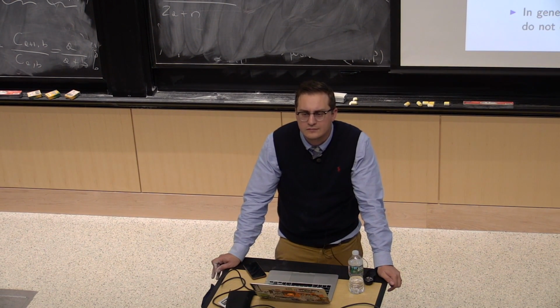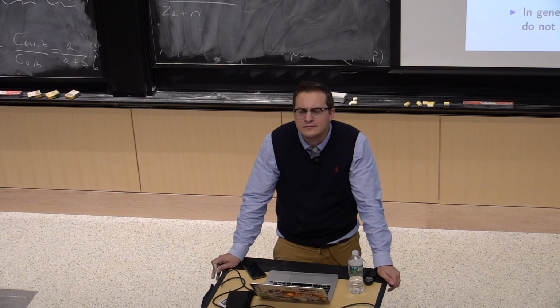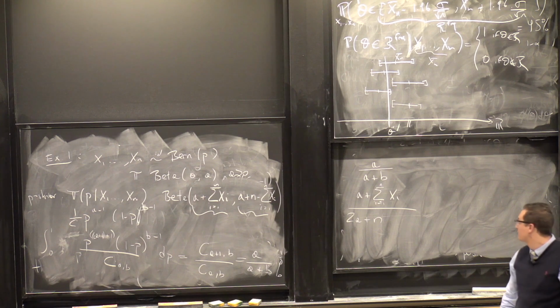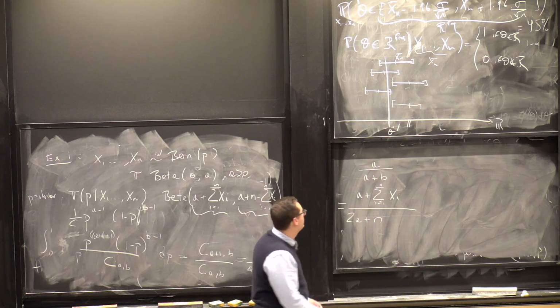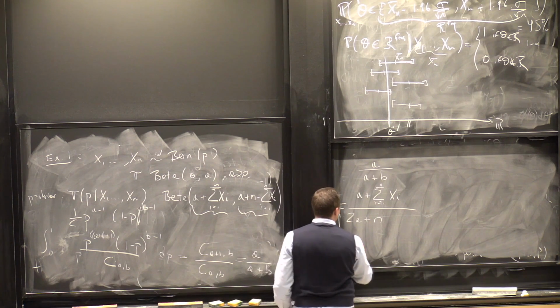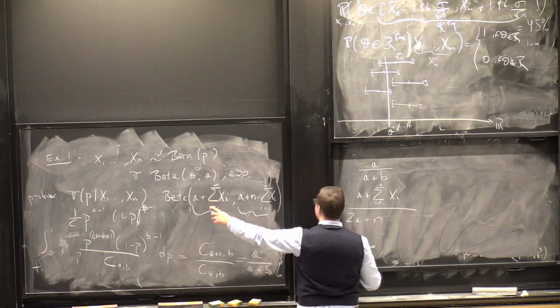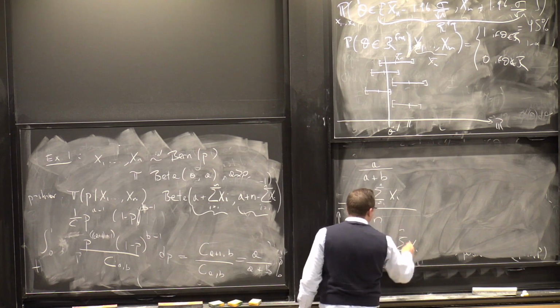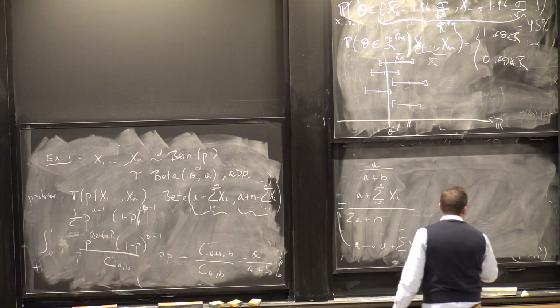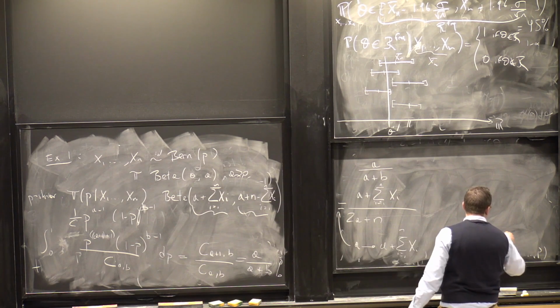Yeah, on the board, is that divided by the larger sum? It's A over A plus B, and then you just expand. Then I said that this is equal to this, right? So A becomes A plus the sum of the xi's, and B becomes A plus n minus the sum of the xi's.